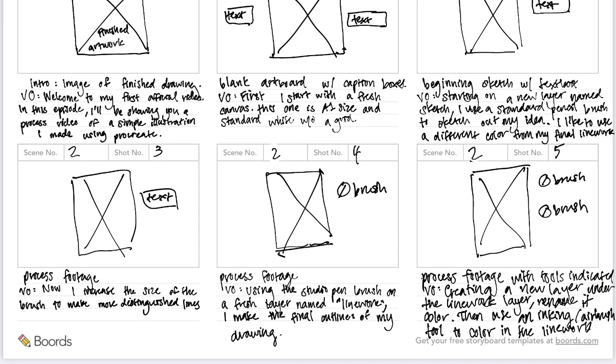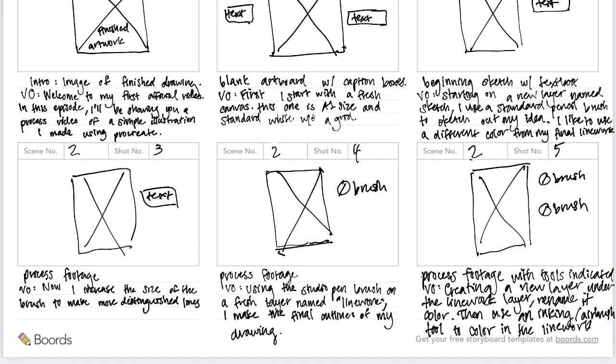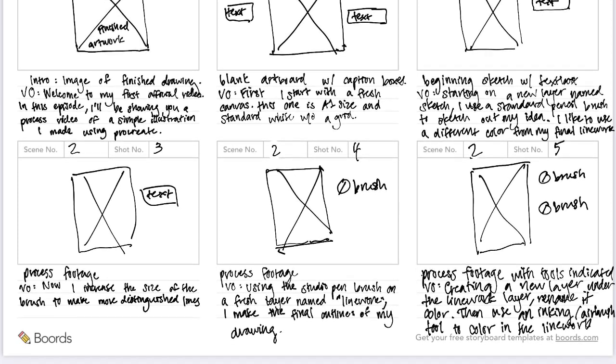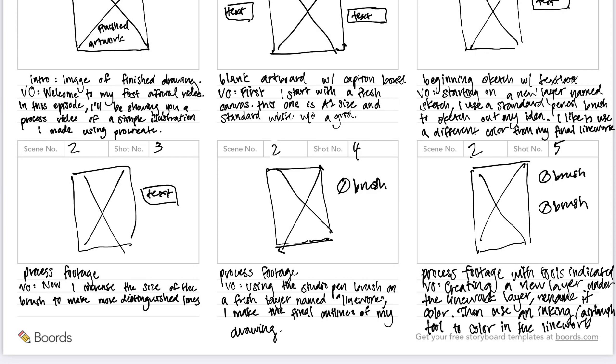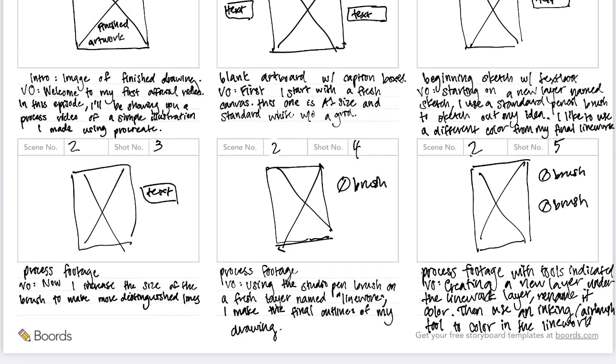And that's shot 4, and shot 5 it's continuing on by creating a new layer under the line work layer and renaming it color, then using an inking or airbrush tool to color in the line work.